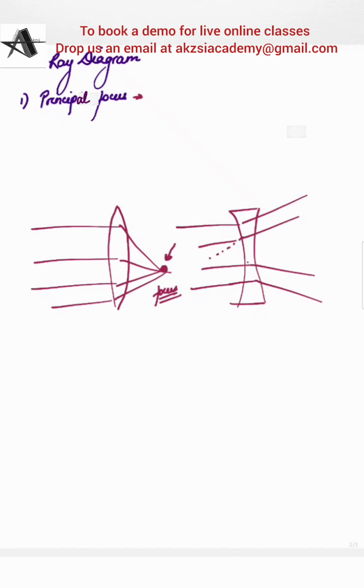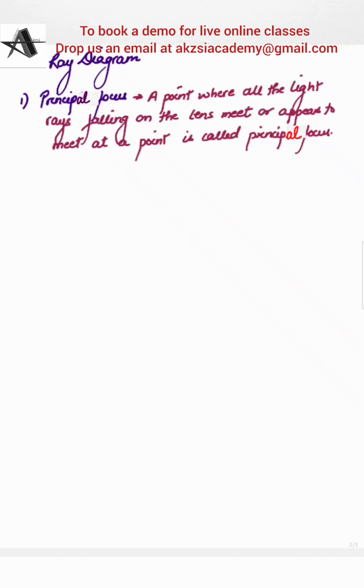If you trace it backwards, where all these rays apparently meet or appear to meet, this point is also called the principal focus. So how can we describe it? A point where all the light rays falling on the lens meet or appear to meet is called the principal focus.